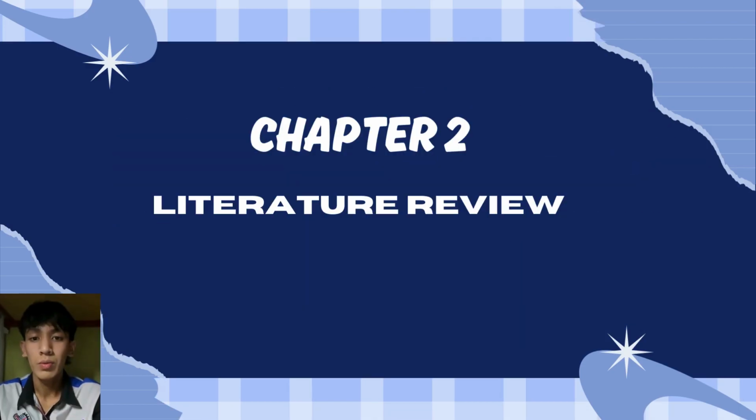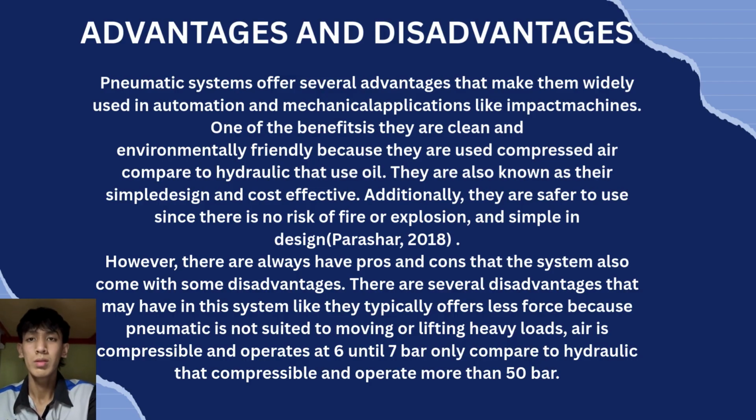Chapter 2, the literature review, covers the advantages and disadvantages of pneumatic systems and also the sensors. So for the advantages and disadvantages of pneumatic systems, pneumatic systems offer several advantages that make them suitable for impact machine applications.